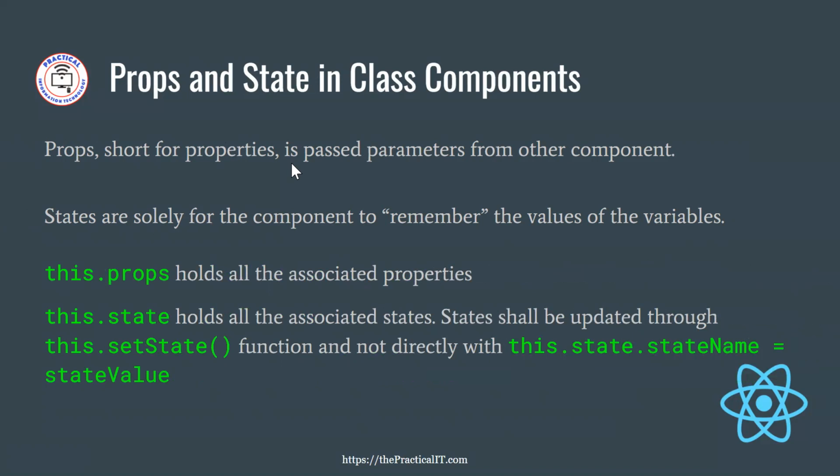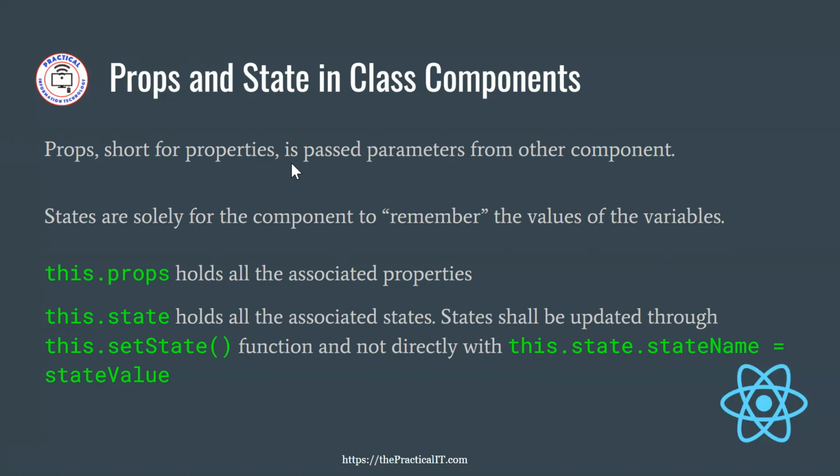So this.props is how we access them in the class component, and it's going to contain all the associated properties. And this.state is the one which holds the states, or the local variables per se, for that particular component. And when we're using state, we're not going to directly change or update the values.